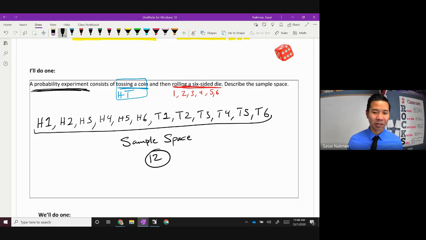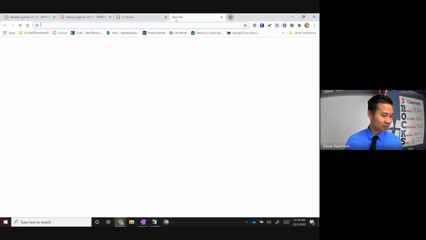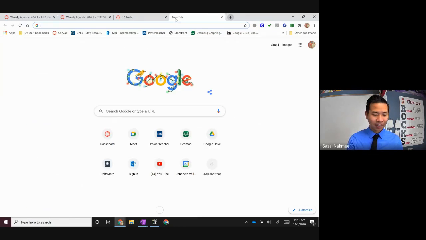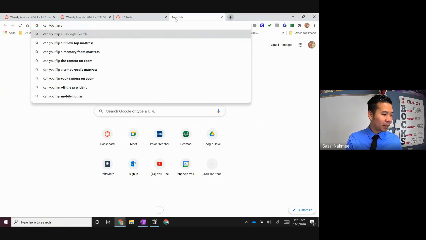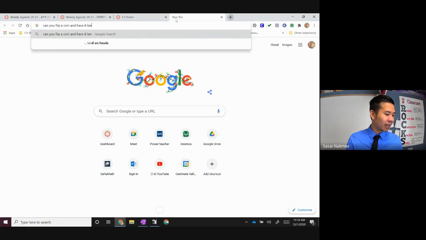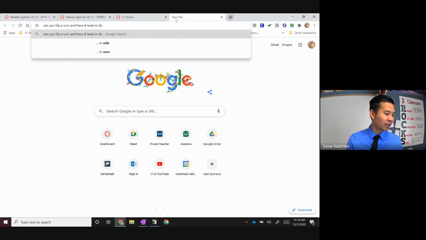Is that just one where it's a do-over and everyone's just in awe of that coin landing on its edge? You know what? We can actually Google this. You flip a coin and have it land on its side.